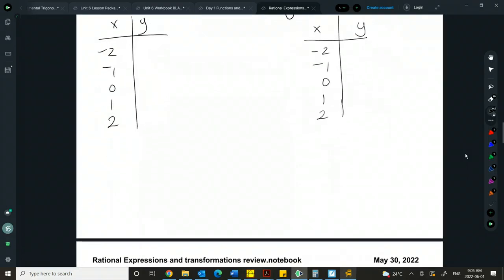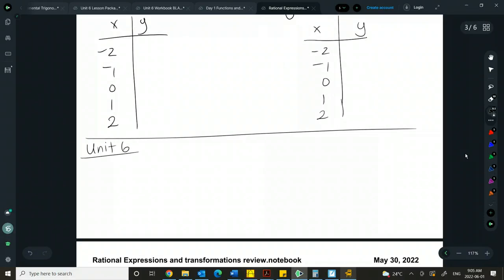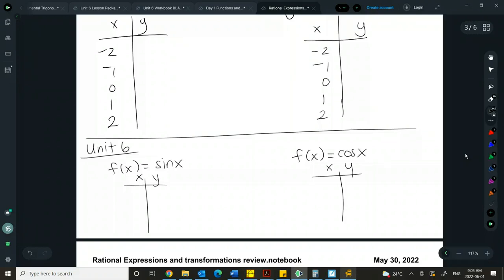Okay, and then the last ones were sine and cosine. These were from Unit 6. And I think these ones should be pretty fresh in our memory. What are the x-coordinates that we use for sine and cos? Chris?